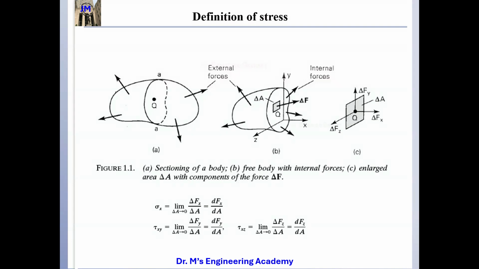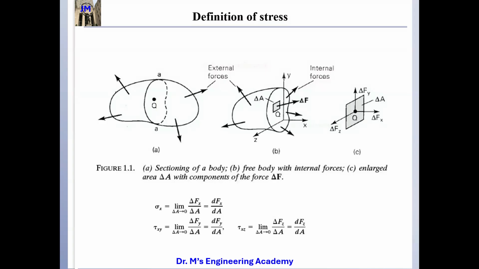And then we artificially establish XYZ Cartesian coordinates. For any generic point, suppose we have a force delta F, and this area is delta A. We call this the internal forces. Why?